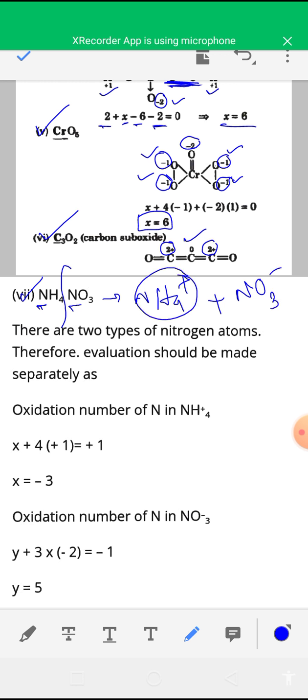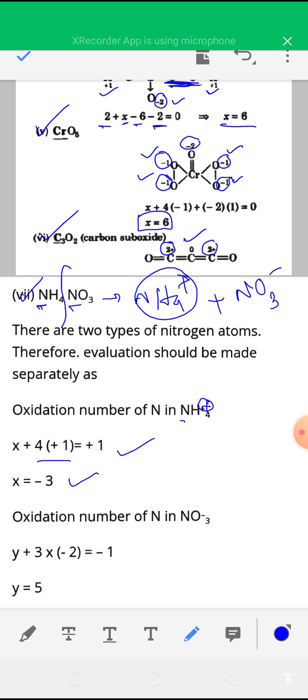In NH4+, the oxidation number of nitrogen is x, plus 4 into +1 for hydrogen, is equal to +1, the overall charge of the ion. So x is equal to -3.